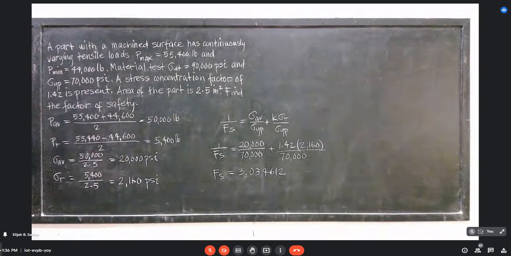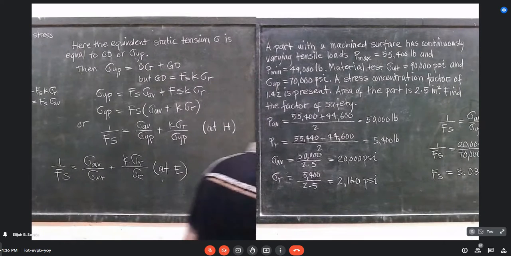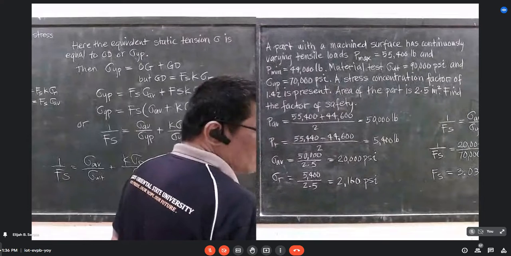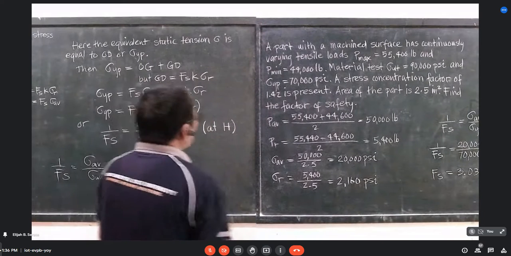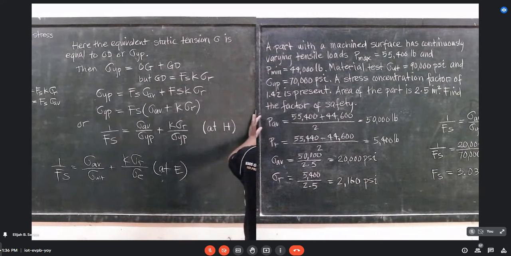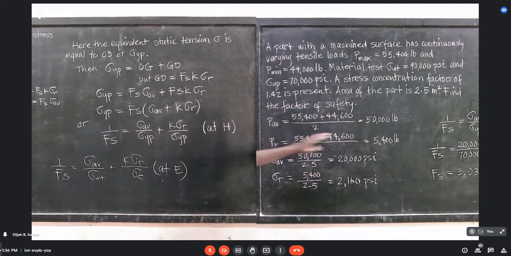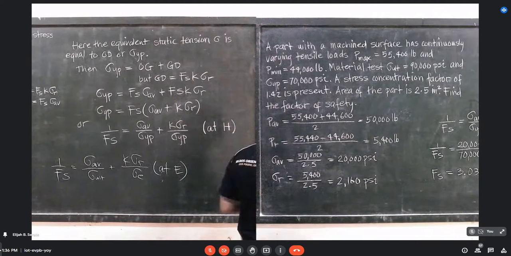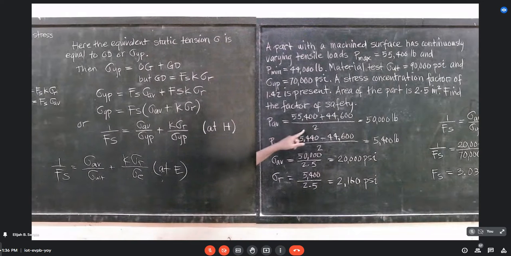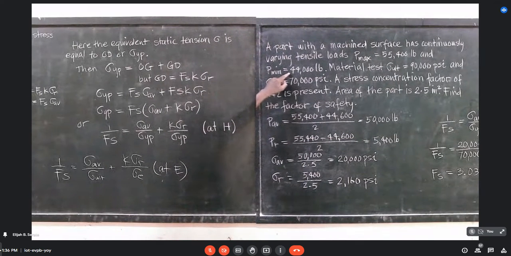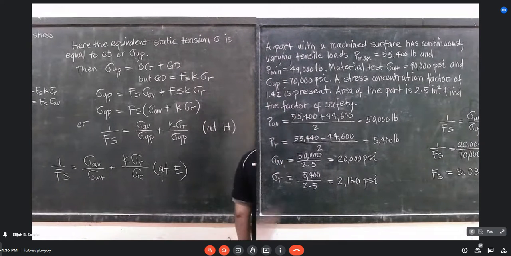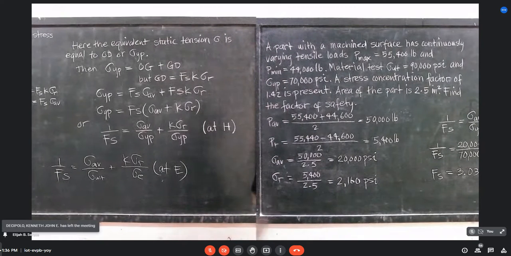Now for this problem, let's compute first the stresses. The average load is, if you can remember, the sum divided by 2. By the way, if there is a compression, you have to include the sign, negative, if it is compression.